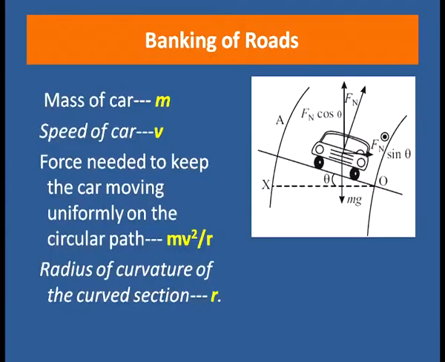Let us consider a car of mass m moving with a speed of v in a circular path. The force needed to keep the car moving uniformly on the circular path is equal to mv square by r, which is the centripetal force. Here r is the radius of curvature of the curved section.